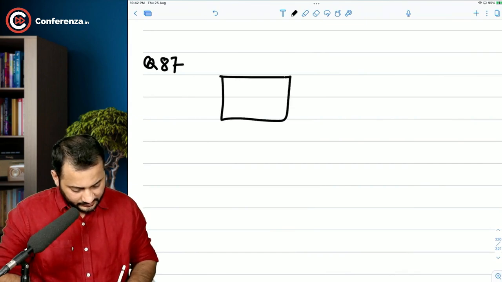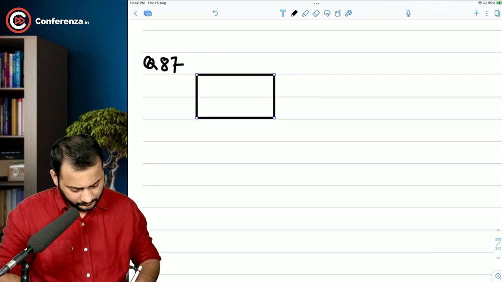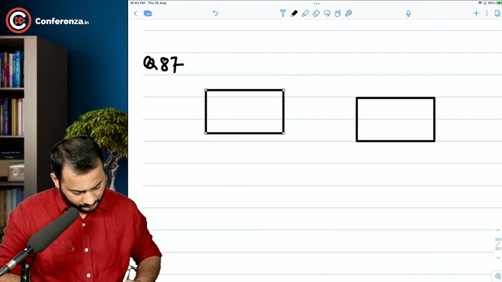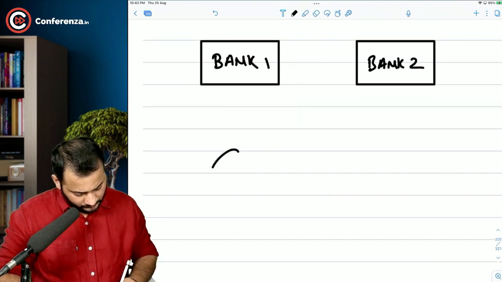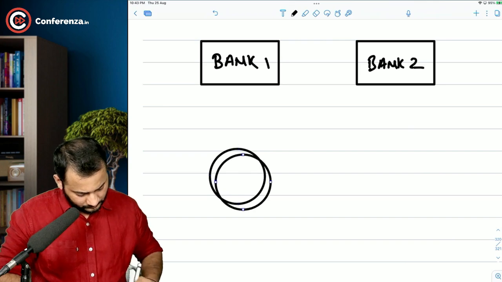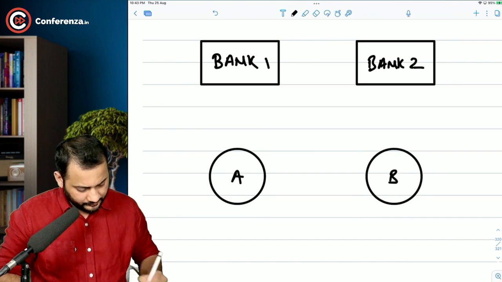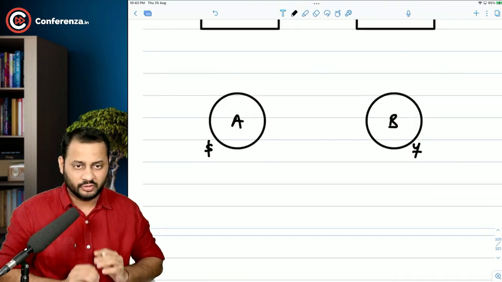So these two are banks. These two are the parties, A and B. The desired loan for A Incorporation is dollar and the desired loan for B Incorporation is yen.